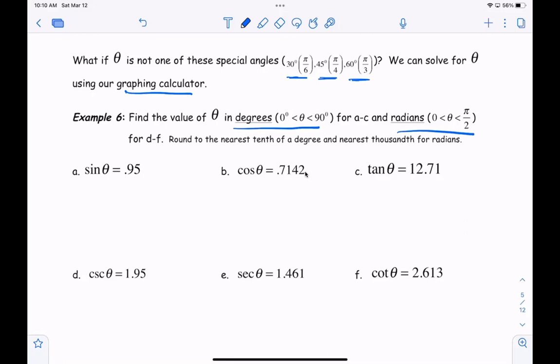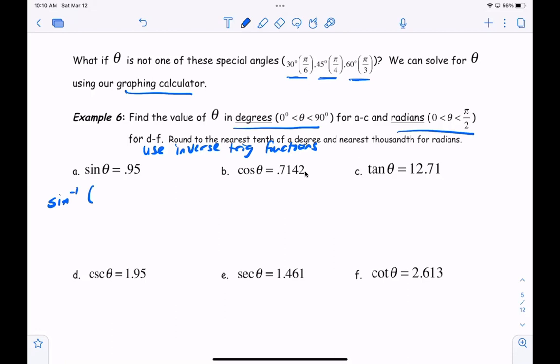So in order to do that, we need to undo sine theta. In the past, when we want to undo a function, we use the inverse function. So that's what we're going to do here. We're going to use inverse functions to undo the given trig function. So if I want to undo sine theta, I can take the sine inverse of both sides.